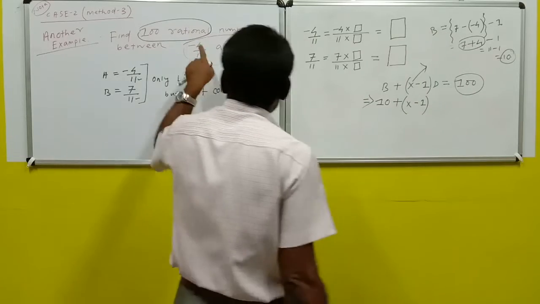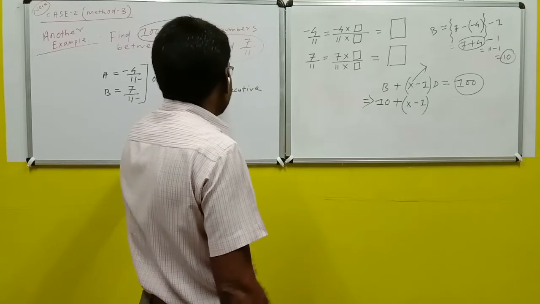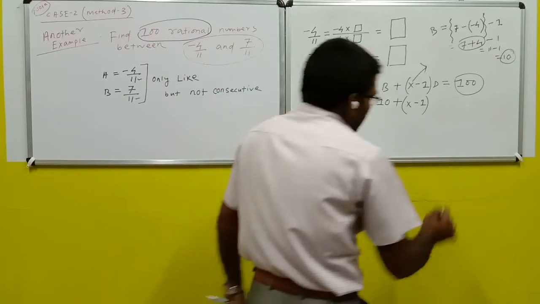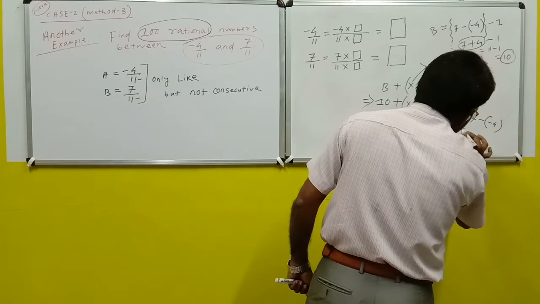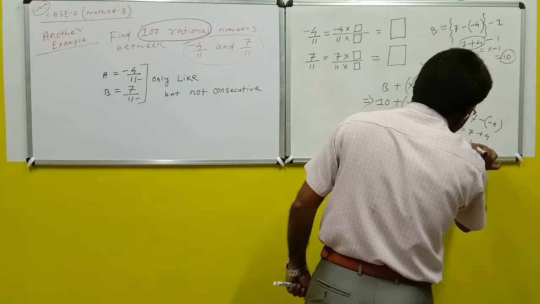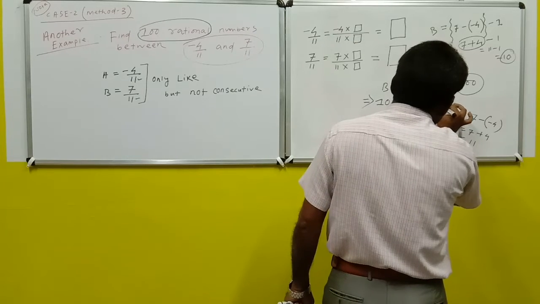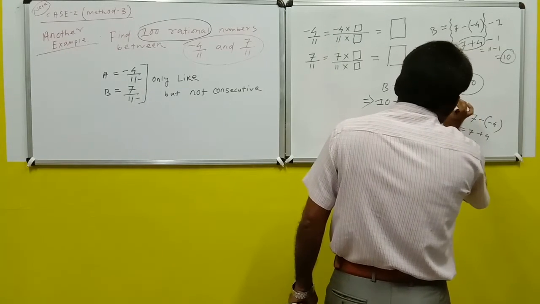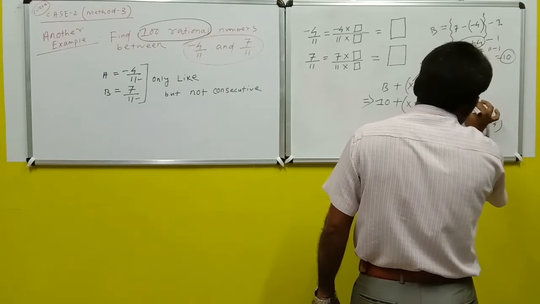Simply subtract -4 from 7 in order to find the difference between -4 and 7. 7 minus -4 is equal to 7 plus 4 equal to 11. Yes, the value of d is 11. Now put the value of d equal to 11, then the equal sign and write 100.